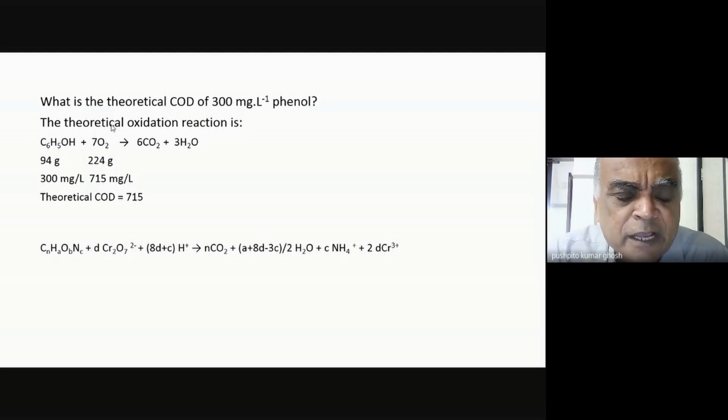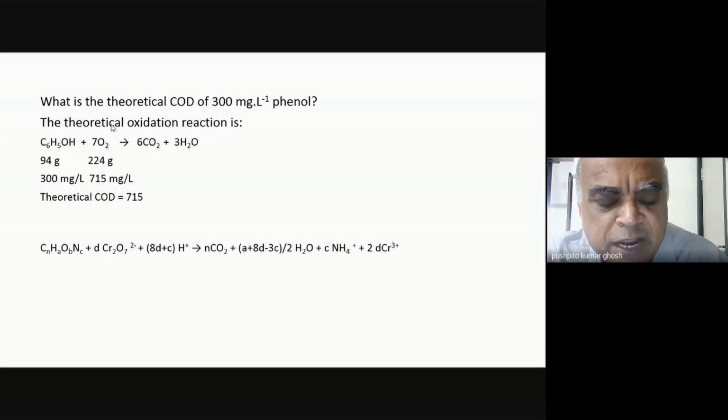And let's say I suspect that there is some amount of unreacted phenol. Let's say I'm doing a reaction with phenol, and I want to know whether phenol is the only thing that is contributing to your COD.